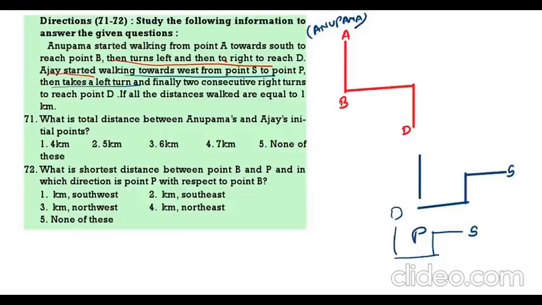Then this is D. Here we will get P. So Ajay started from S, walks towards west to P, then takes first left, then 2 right turns. This is the first right turn, this is the second right turn to reach D. Now if all the distances are 1, that means this is 1 kilometer, this is 1, this is 1, this is 1 kilometer, this is 1 kilometer, this is 1, this is 1.